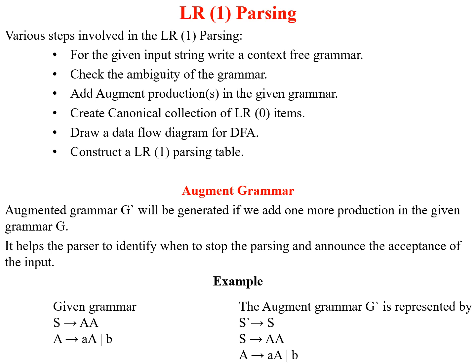Whenever we reach the start symbol S, by replacing it with another production S bar, we are saying we successfully reached the start symbol of the grammar. Then the parser can stop now.